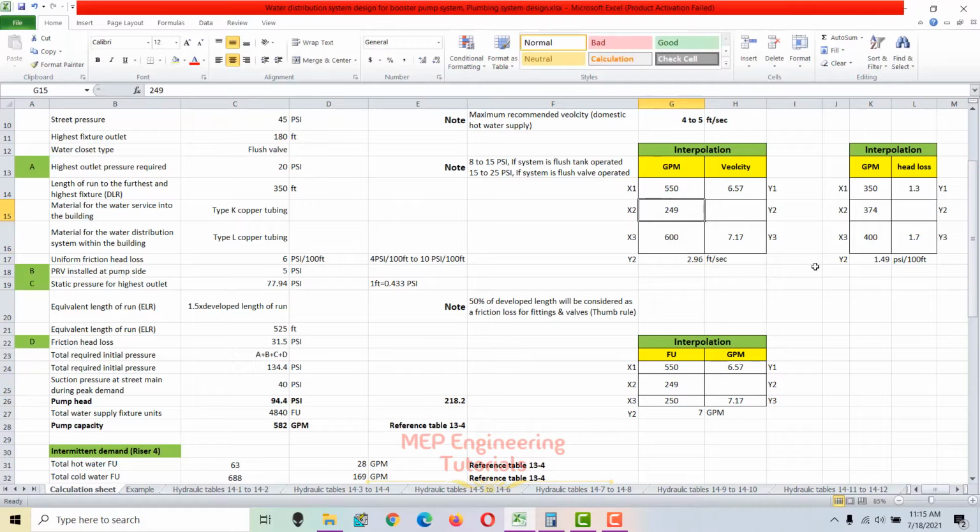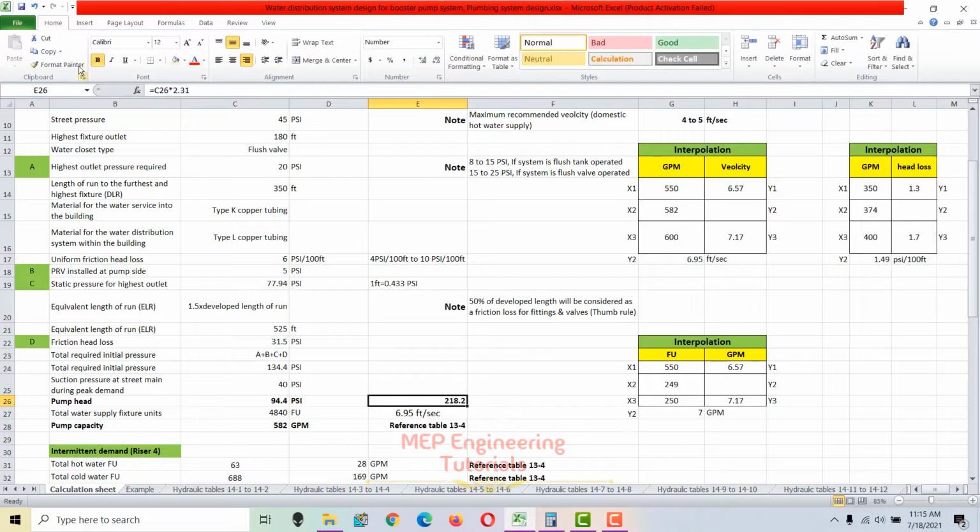We need to check at 582 GPM. So the velocity calculated at 582 GPM is 6.95 feet per second.